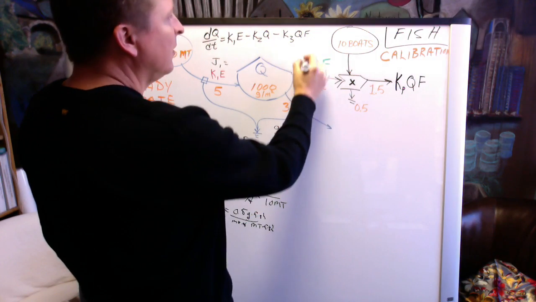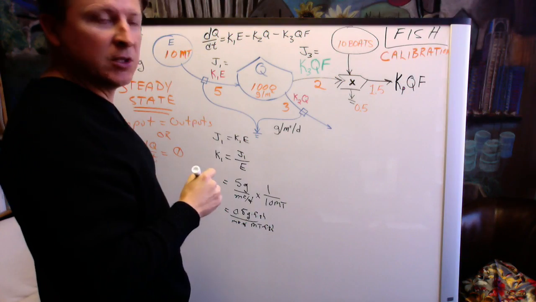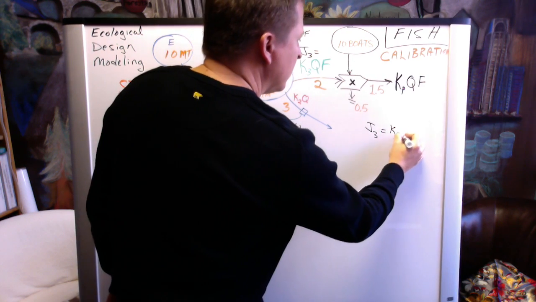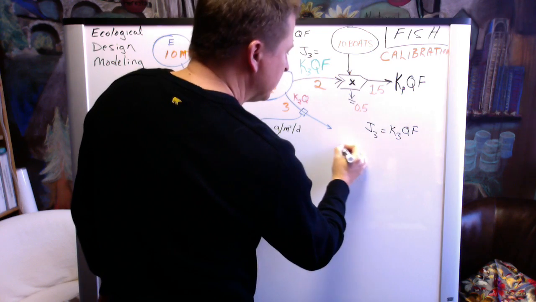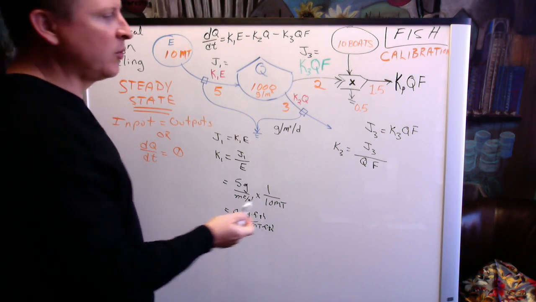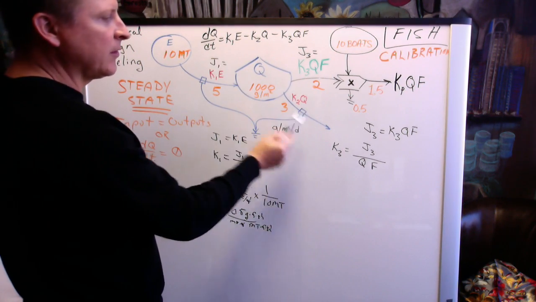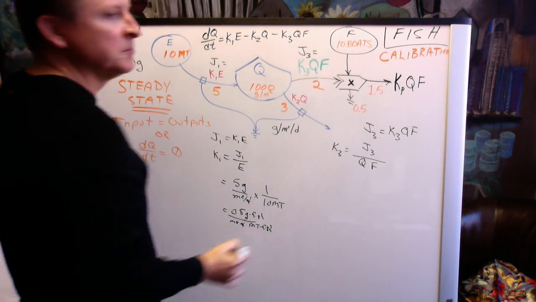Again, we can say that this pathway is J3, it equals K3QF. Solve for K3. We know everything on the right hand side of the equation. We know J3 is 2, and we know that Q is 1,000, and we know that F is 10. Put our F in there.